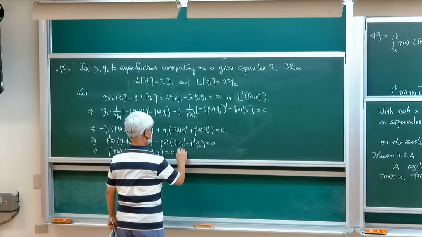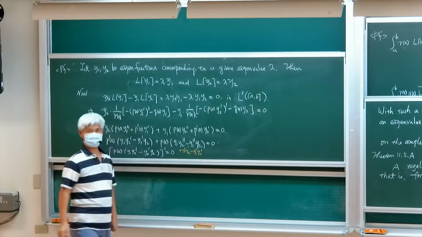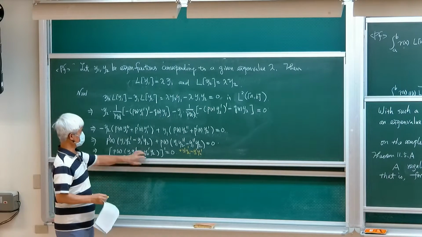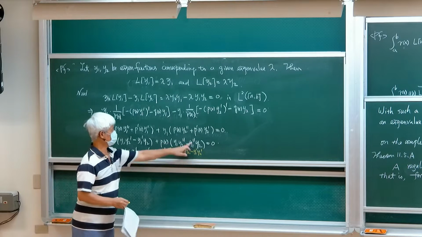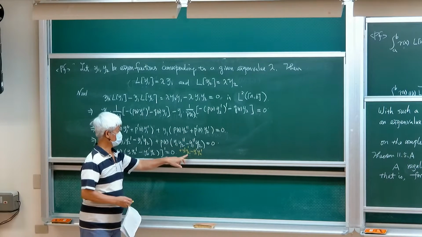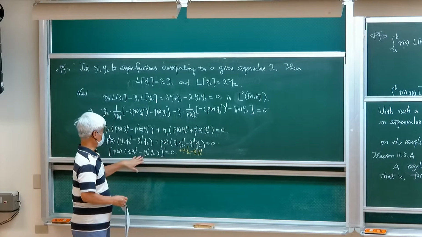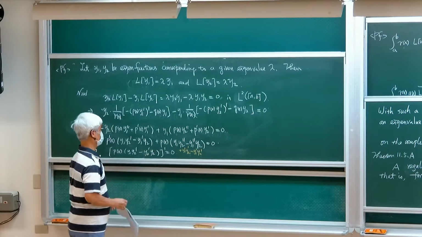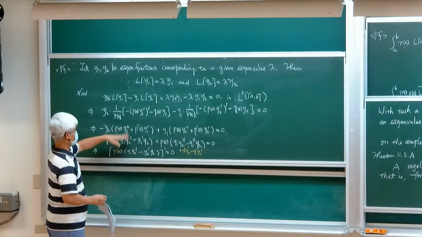The derivative of this difference has 4 terms, 1, 2, 3, 4, but these 2 terms cancel each other, so that finally you get the difference here.